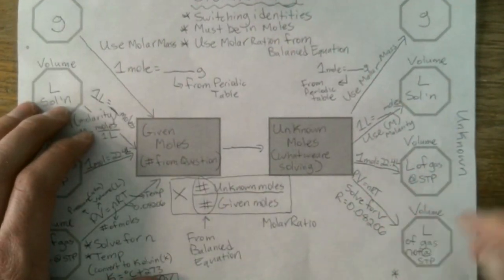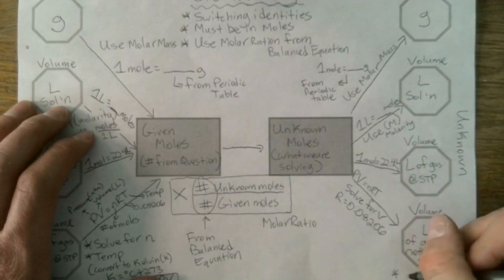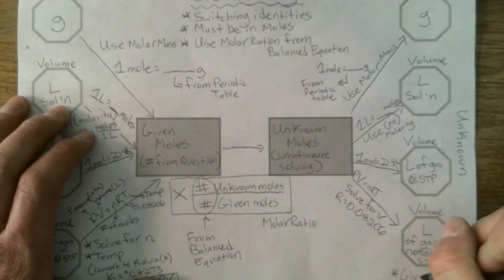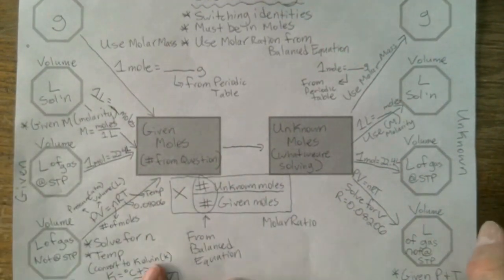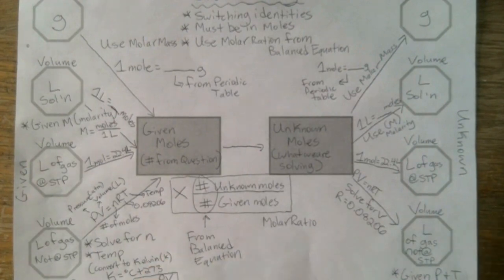So whenever we're trying to solve for this bottom one, I'm going to give you the pressure. So again, that's a value in atmospheres, and the temperature. So again, you might still need to do those conversions, same as we did before, in order to solve for that and plug into this equation.